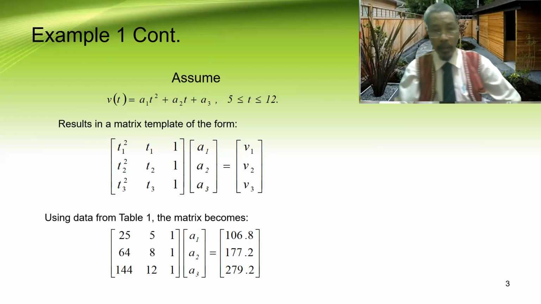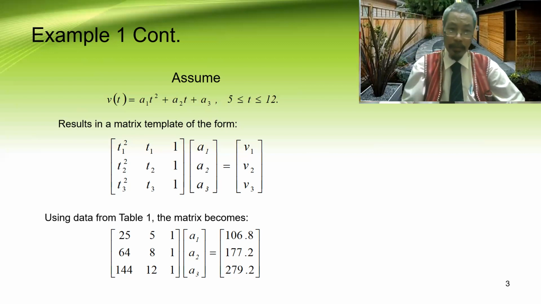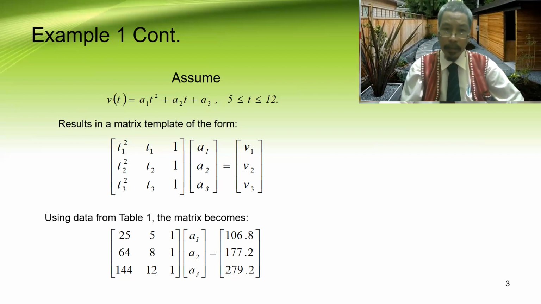So there are 3 different values for time, and correspondingly, there are 3 different values for velocity for each of the given times. So we have the given velocity from the table in the same arrangement: 106.8, 177.2, 279.2.